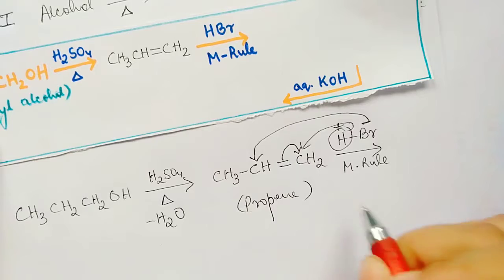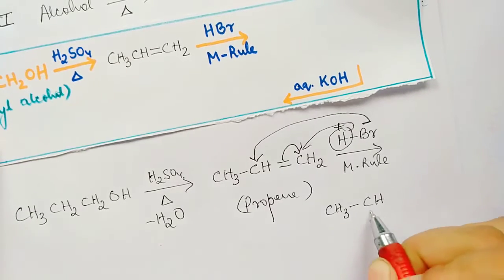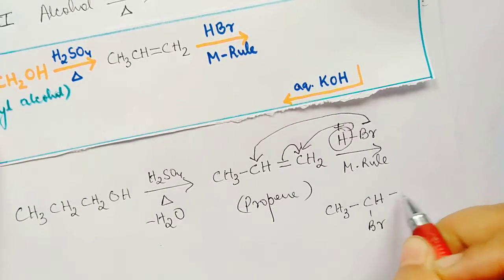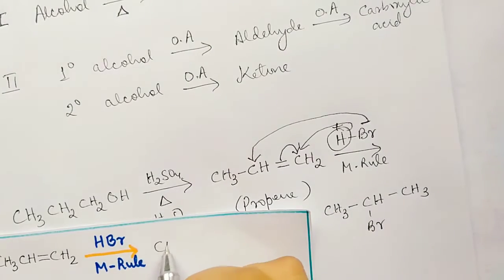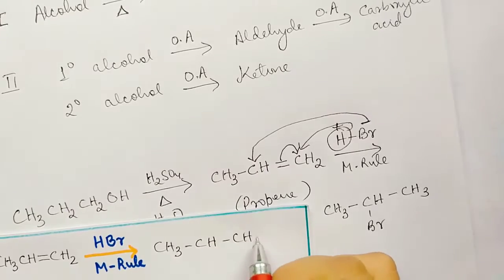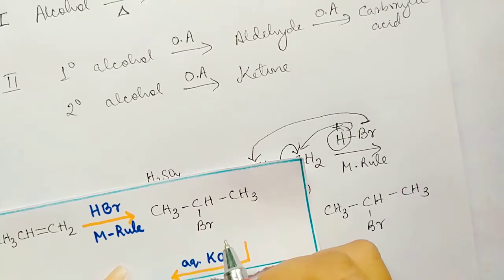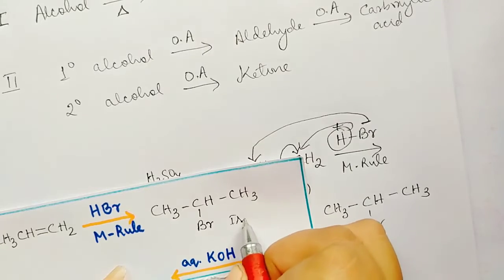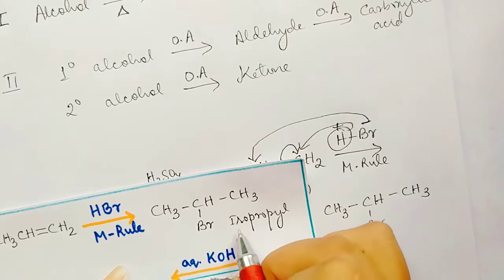Then you have CH3, CHBr, CH3. What is this? Isopropyl bromide.